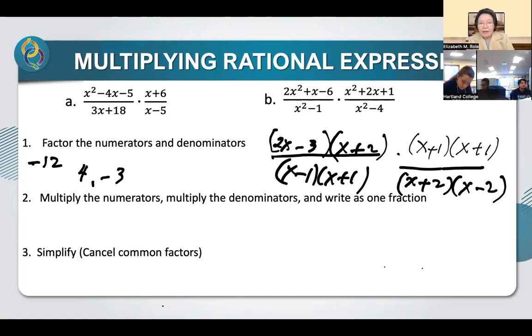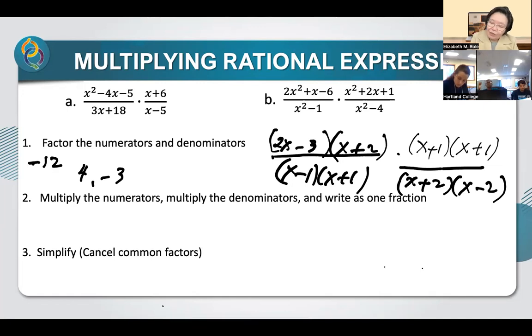And so canceling common factors, what will be our final answer? 2x minus 3, times x plus 1, over x minus 1 times x minus 2. That's what is left.